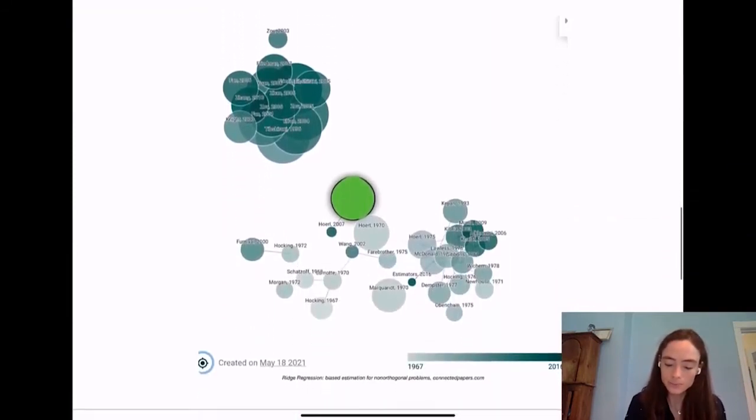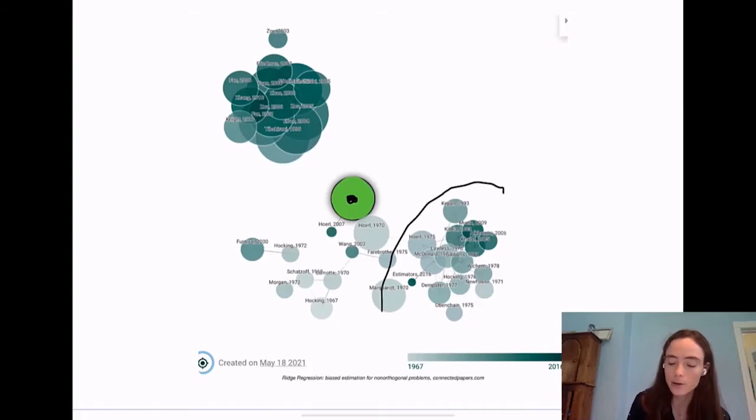This is a graph depicting different academic papers. This paper in the middle is the initial paper that came out in 1970 that introduced ridge regression. There are connections between papers if they cite each other. We can see that in the 1970s and 1980s, there were a bunch of papers that cited the ridge regression paper and cited each other.